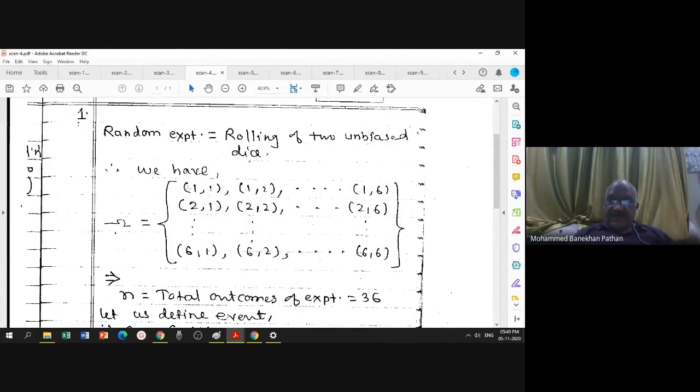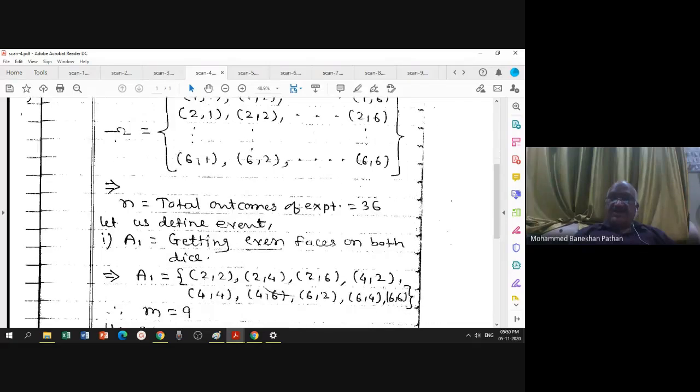This first element is for the first dice, this is for the second dice. So I observe the top face of both dice, and then I record how many dots are there. So you will have 1 dot on the first die, 1 dot on the second die, 1 dot on the first die, 2 dots on the second die, and so on. So this experiment has totally 36 elements.